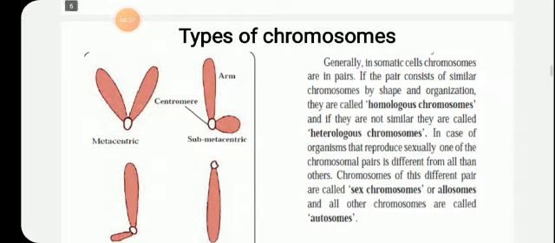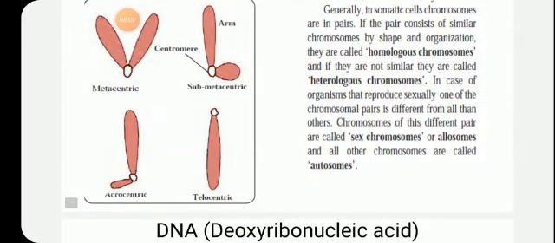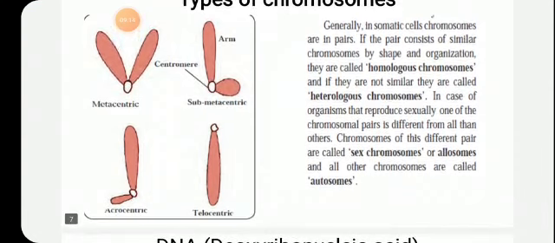Somatic means not participating in reproduction, while others participate in reproduction. These are the heterologous chromosomes.